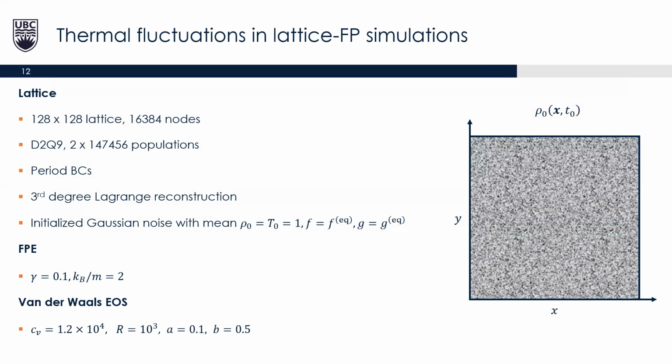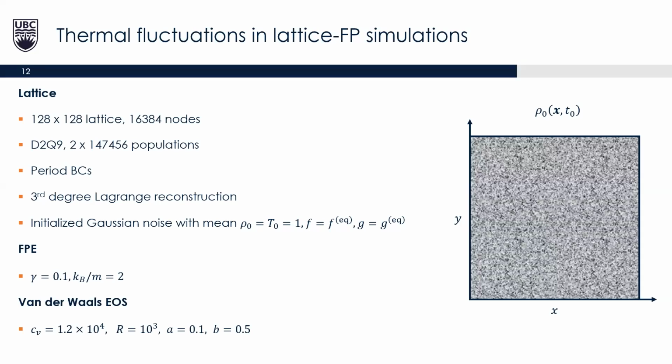We've just started here with a lattice that's 128 by 128, normal D2Q9 with periodic BCs, boundary conditions, and we used Lagrange reconstruction to reconstruct these populations, and then just initialize with a Gaussian noise and an equilibrium population.